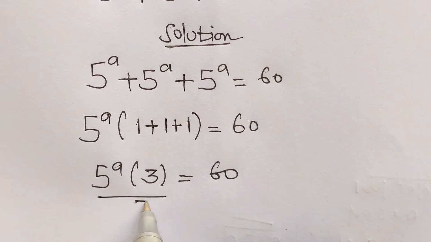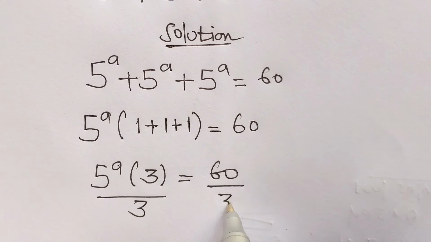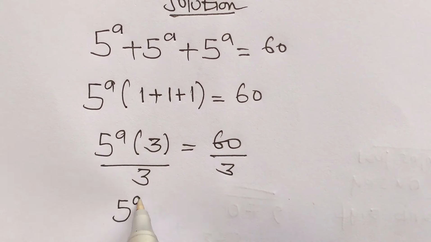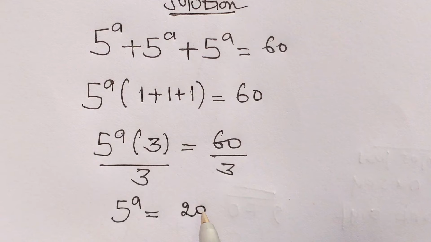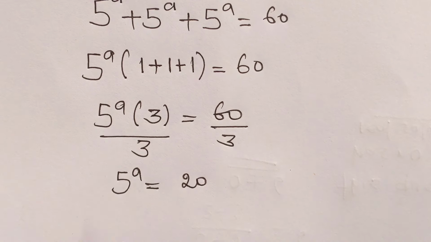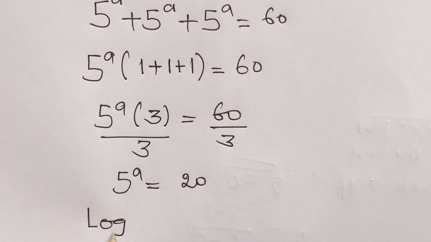Then divide by 3 to get 5^a = 20. What you're supposed to do is to apply logarithm on both sides.